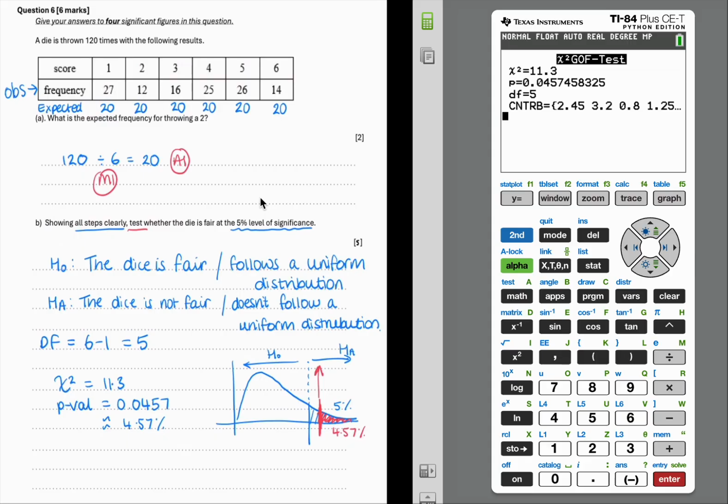And you can also just remember our usual fact, which is that when the p-value is less than the significance level, we reject the null hypothesis and we accept the alternate hypothesis. So that's the conclusion to my test. The conclusion is that the dice is not fair. It does not follow a uniform distribution, and actually there might be something up with this dice.